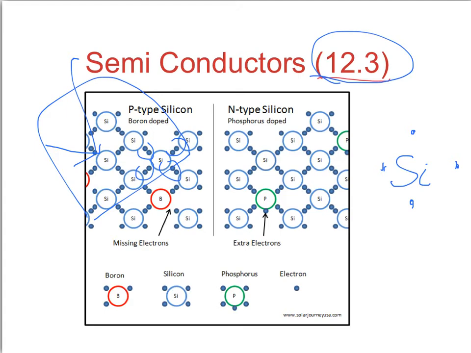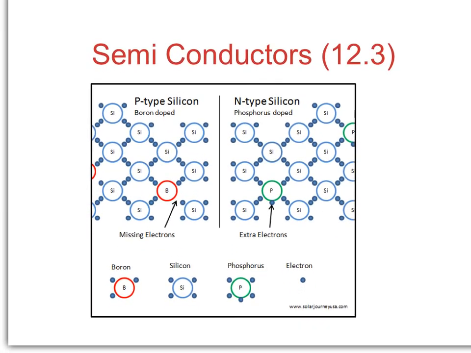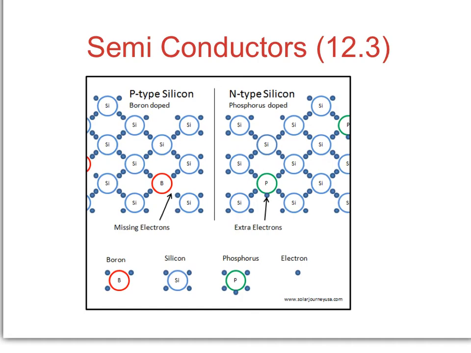But more typically, what happens in the electronics industry with things like silicon is they use doping. And what doping involves is either adding something like, let's say, boron, which is going to have 1 less valence electron, it's going to have 3 valence electrons, or something like phosphorus that has an extra valence electron.